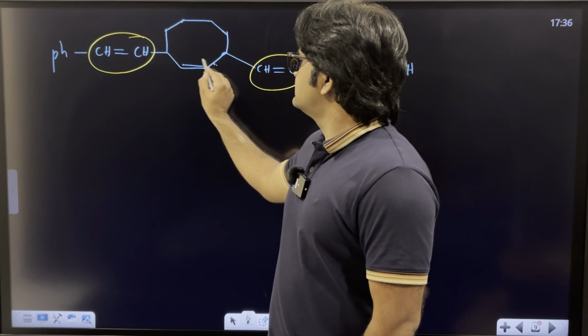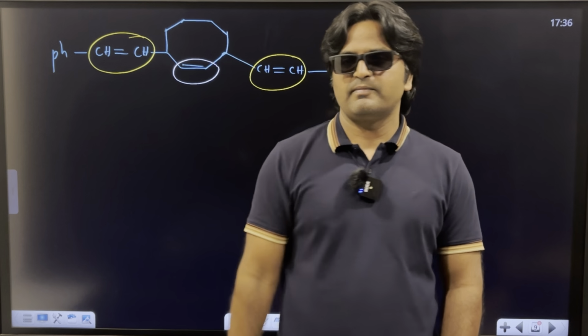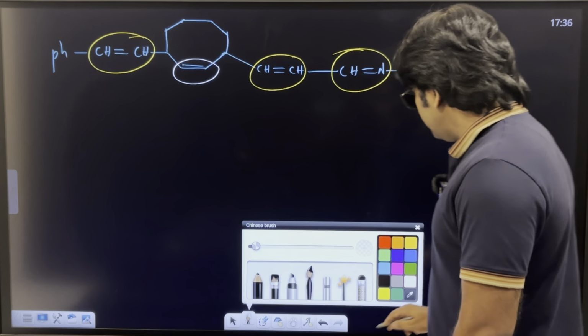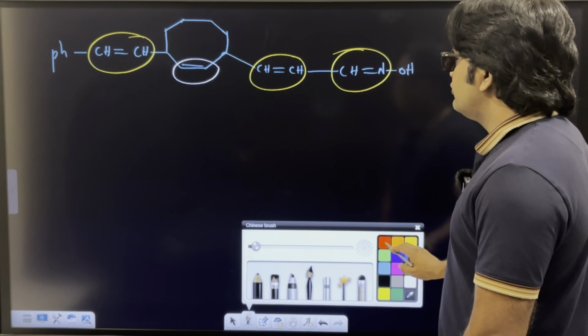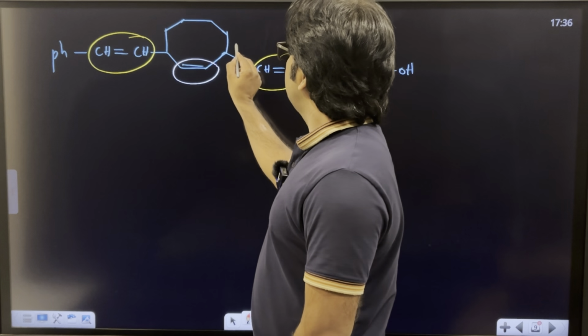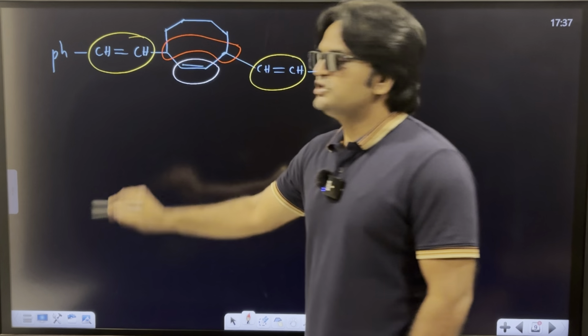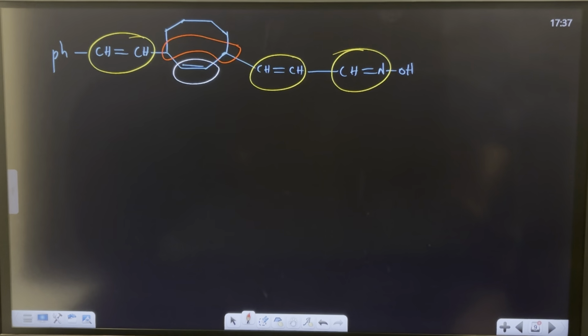That's why you can consider this also one segment for geometrical isomerism. Next one, in addition to that double bond, one more segment is also there. What is the segment? The combination of these two carbon atoms.